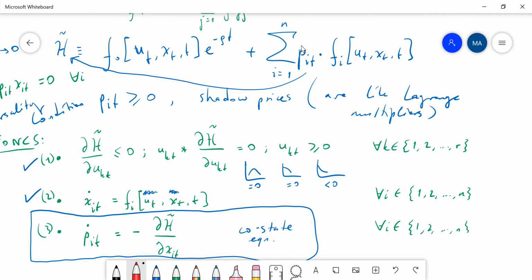If this is now increased, I decrease the value I attach to it by the same percentage rate. That's the notion. In that sense, this one is an asset pricing equation. So these are the first order conditions.